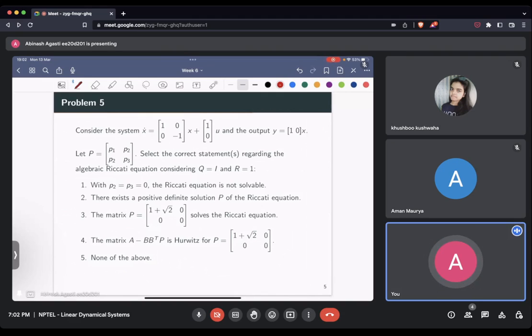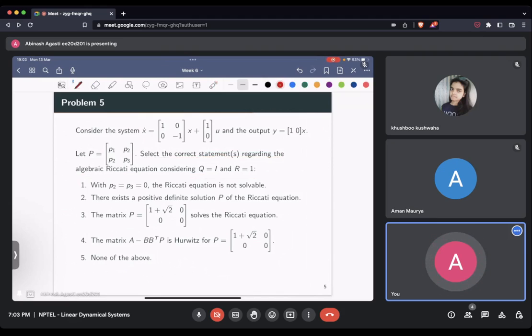So we now have a linear system. This is a single input, single output system, with A matrix, B matrix, C matrix. Let P be some symmetric matrix, assumed as P1, P2, P2, P3. Select the correct statements regarding the algebraic Riccati equation considering Q equal to I and R equal to 1.